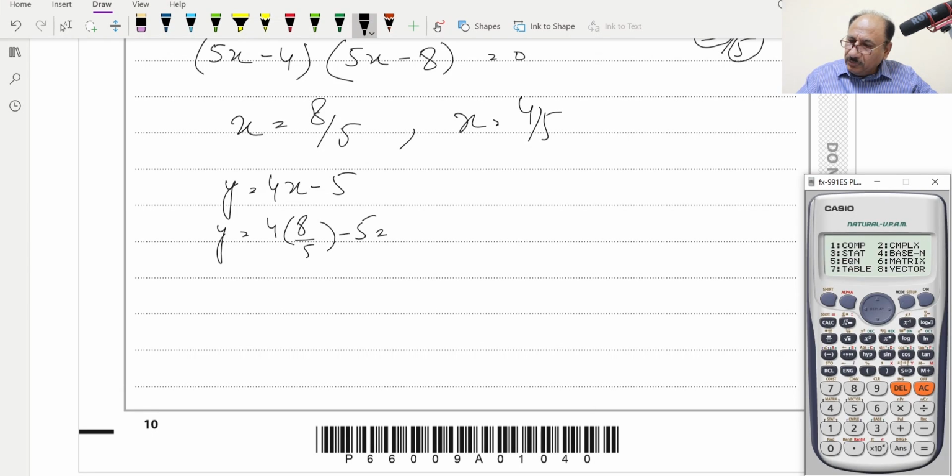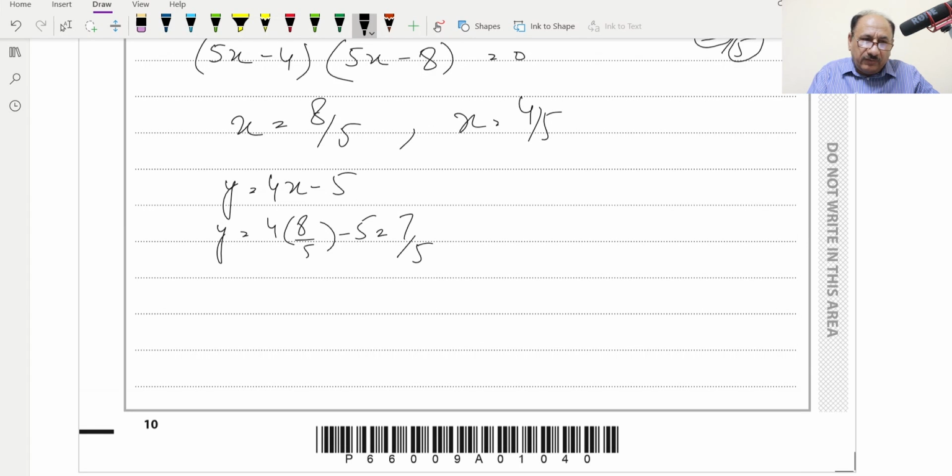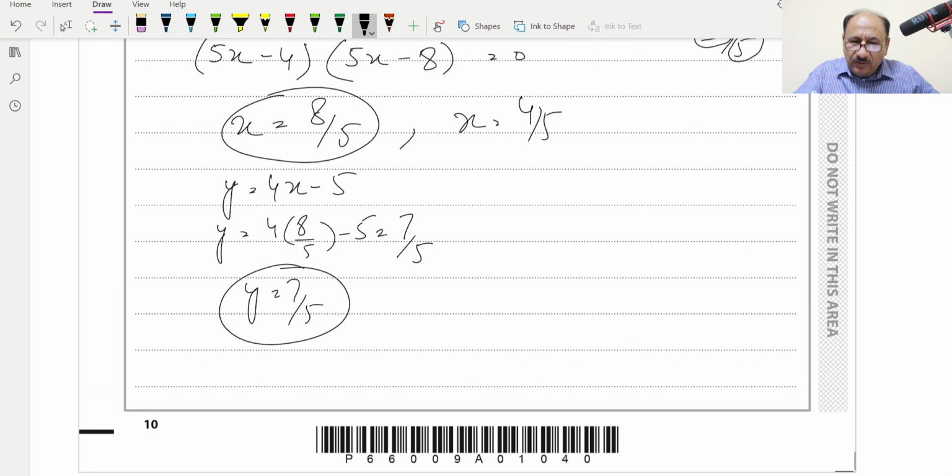This is equal to 7 over 5, so the y value will be 7 over 5. So for x equal to 8 by 5, the y value will be equal to 7 over 5.